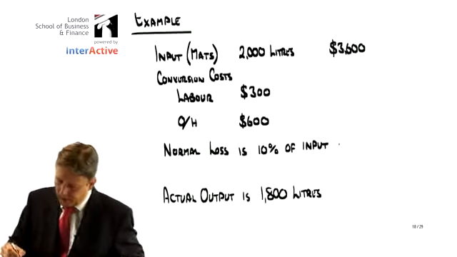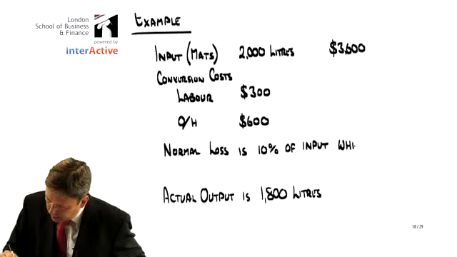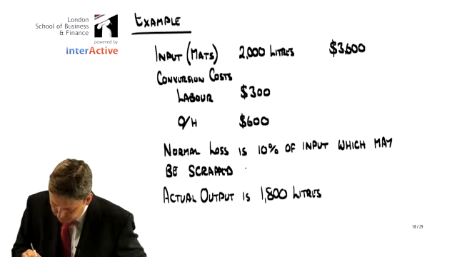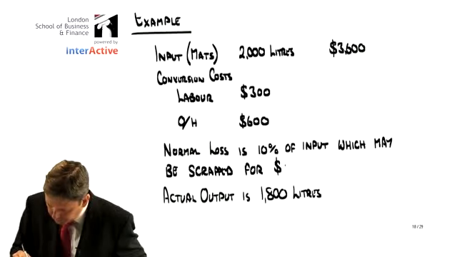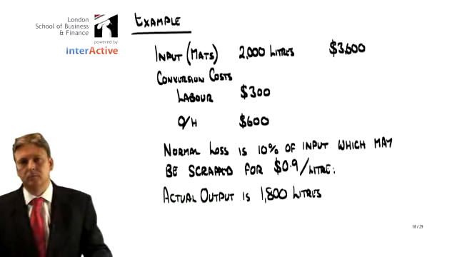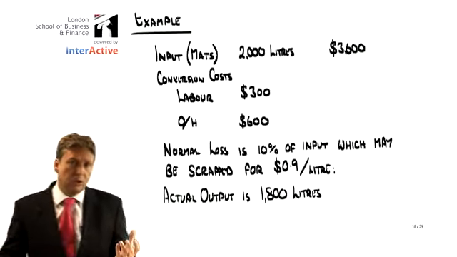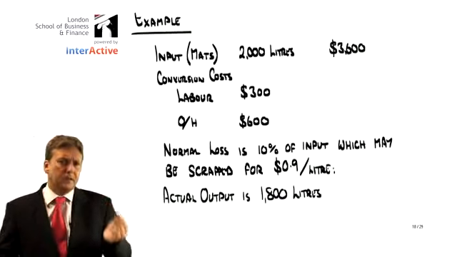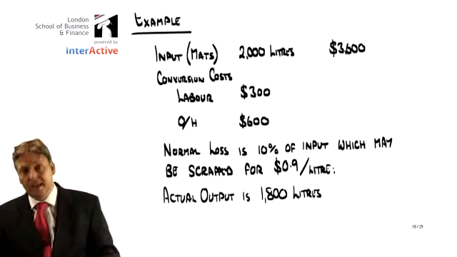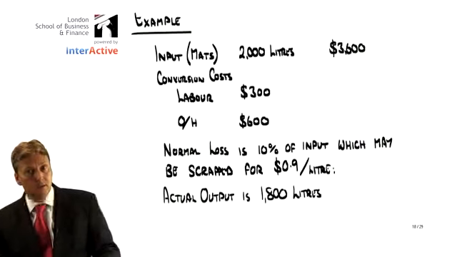But now what we're going to say is it's 10% of input, which may be scrapped for 90 cents per litre. So, yes, we lose the good output, but we do benefit to some degree from the scrap. Actual output, again, is 1,800 litres.